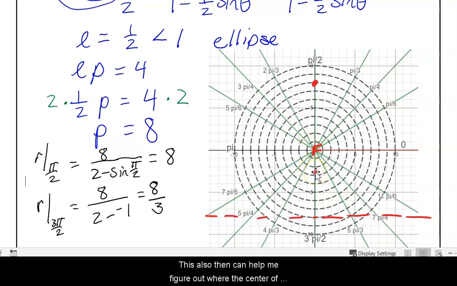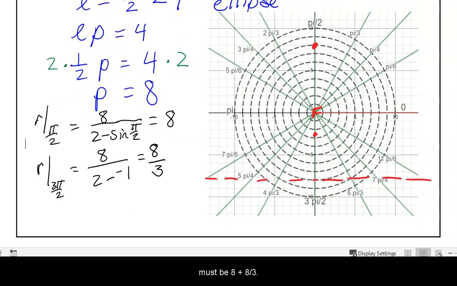This also then can help me figure out where the center of the ellipse must be, because it's got to be, you got it, halfway in between. Well, where's the center? If I know, for example, that I'm 8/3 in the down direction and I'm 8 in the up direction, then the entire major axis must be 8 plus 8/3.